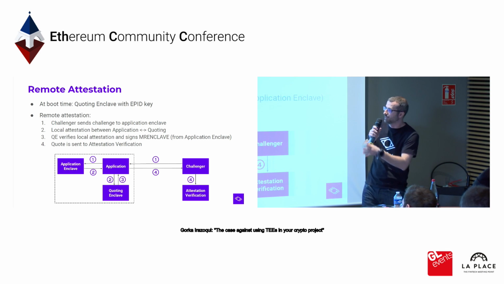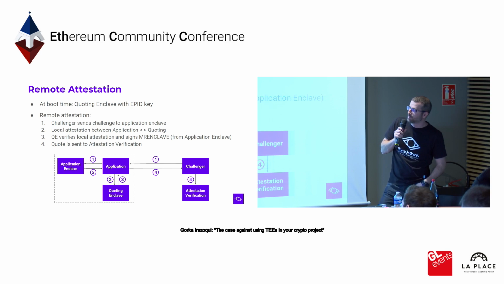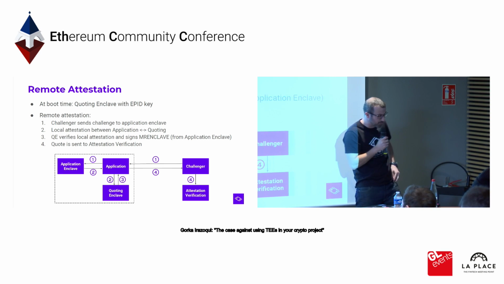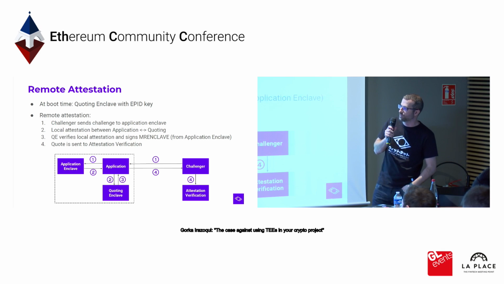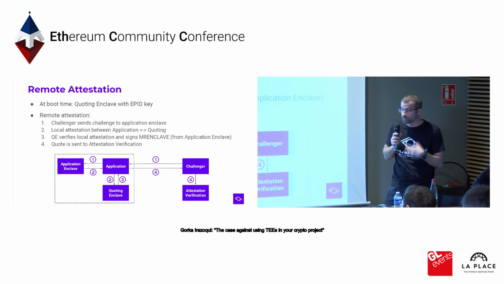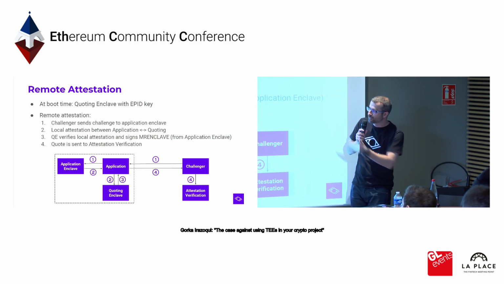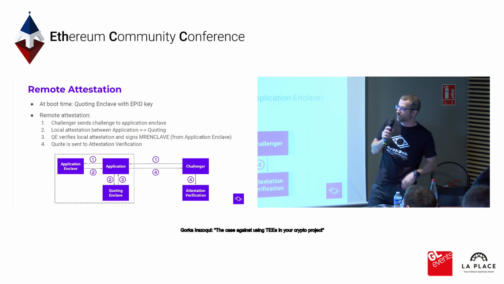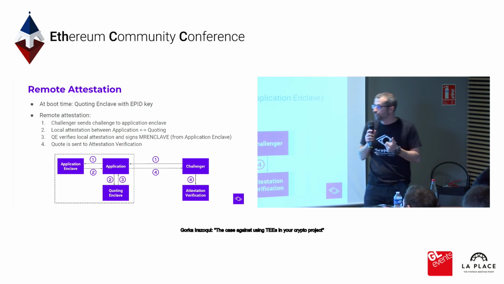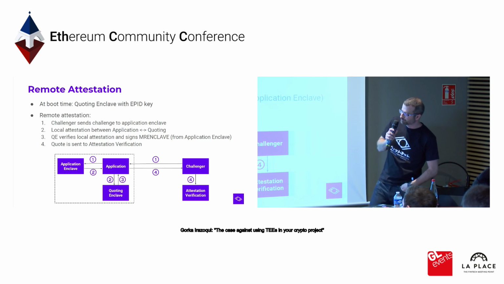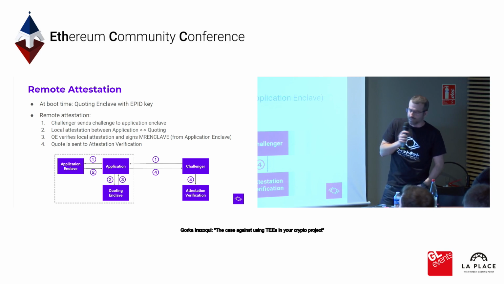For that, he sends a request, and the application forwards it to the application enclave. Then in point 2, what we have is the local attestation. The application enclave and the quoting enclave have to prove that they are running on the same platform. And if that's the case, then the quoting enclave will sign this report using this Intel key, which in this case is asymmetric, and it will be forwarded back to the challenger.